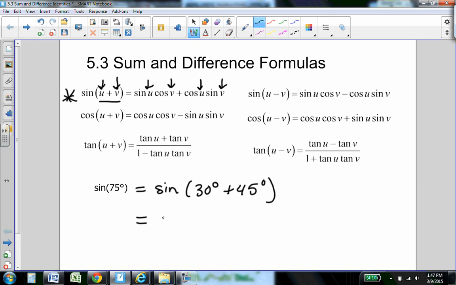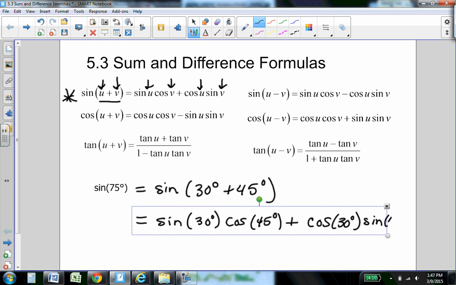So we follow the pattern: the sine of 30 degrees, cosine of 45, plus the cosine of 30 degrees times the sine of 45. Now, does it matter which is U and which is V? No, it does not. It's addition.